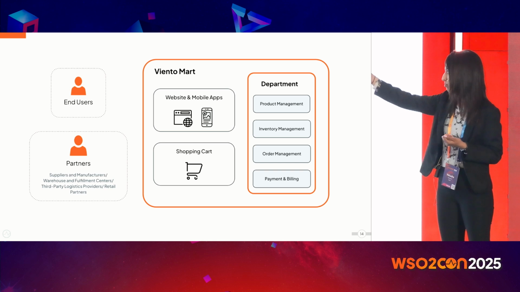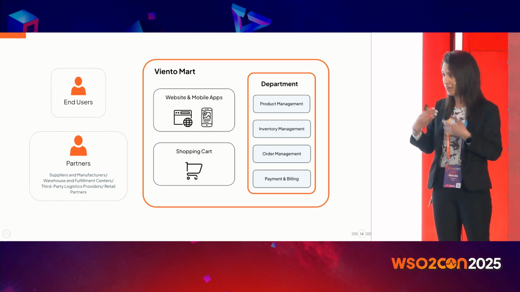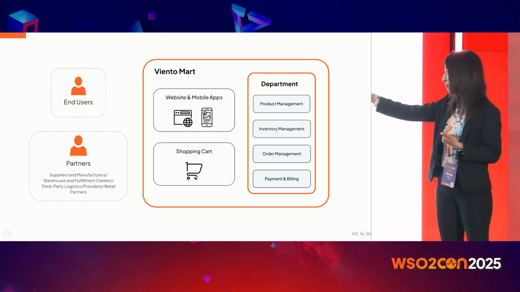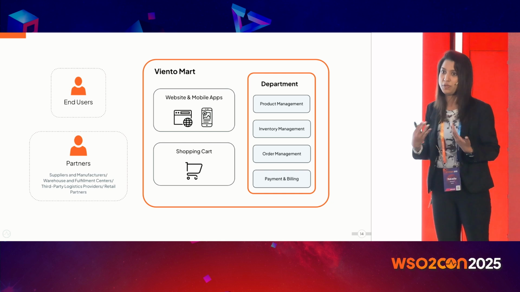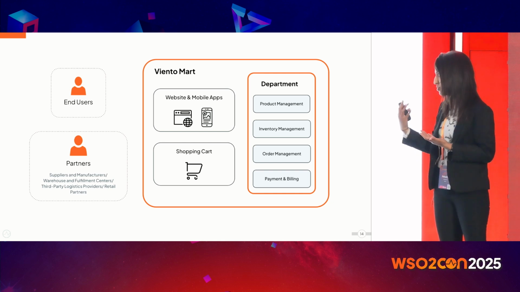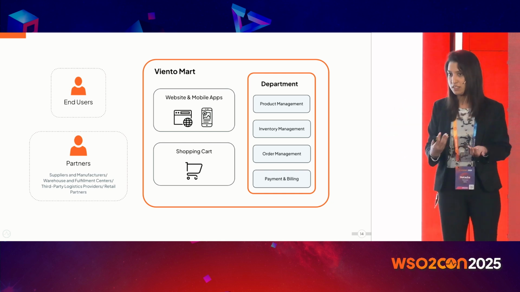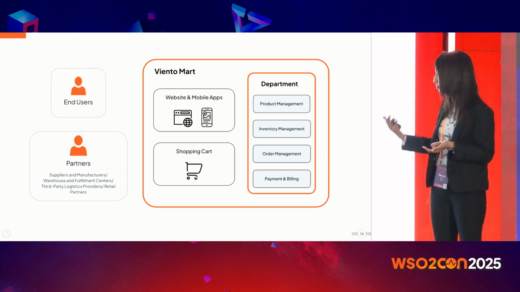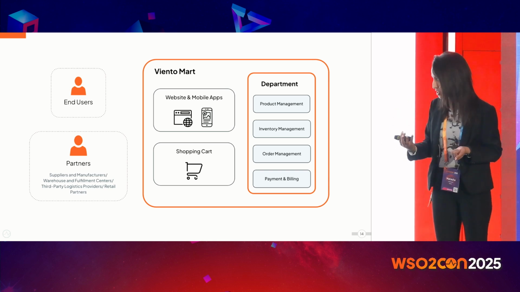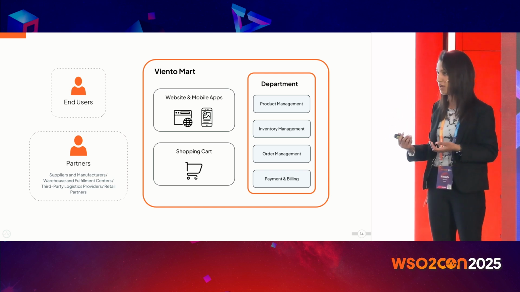End users are direct consumers like us, but we also have partners who interact with Vientomart. The partners can be suppliers and manufacturers, fulfillment centers, logistics providers, retail partners, and much more.